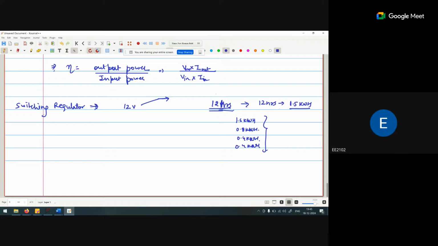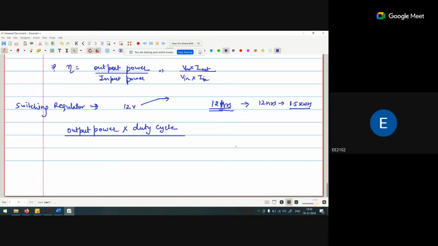So the switching regulator works in a similar way. Along with the output power, we multiply with the duty cycle. Why? Because this output power is not provided for the complete duration.